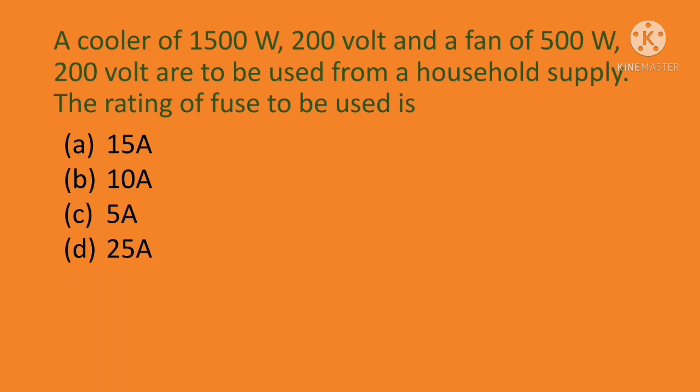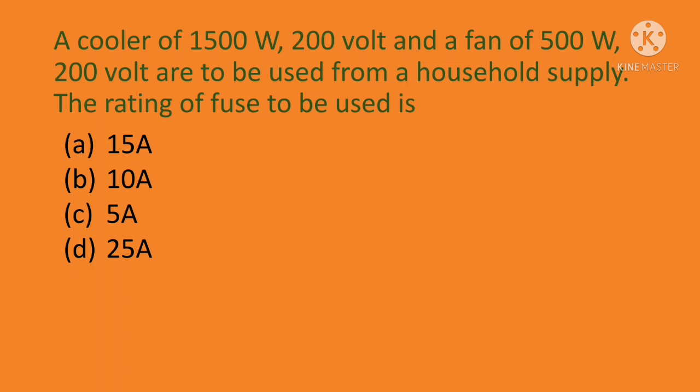The rating of the fuse to be used is option A 15 amp, option B 10 amp, option C 5 amps, option D 25 ampere. So the fuse rating should be calculated here.